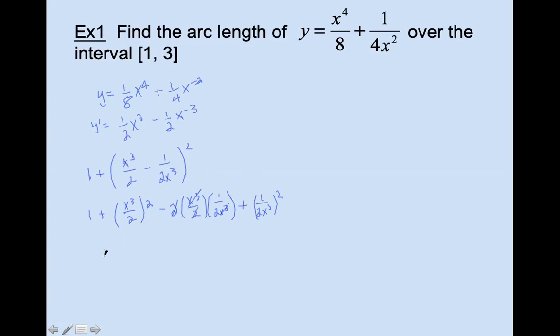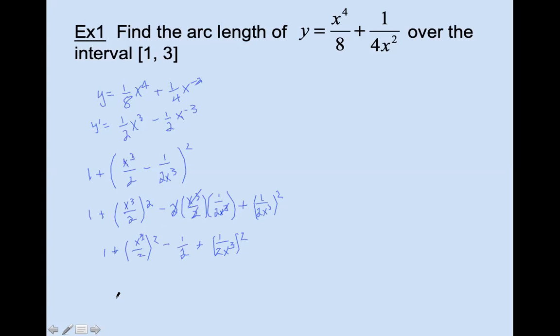And so now I have 1 plus, and I'm still going to leave this in this form. And this is a 1/2 now. And plus, I still have this term. All right, so I can combine the 1 with the minus 1/2.